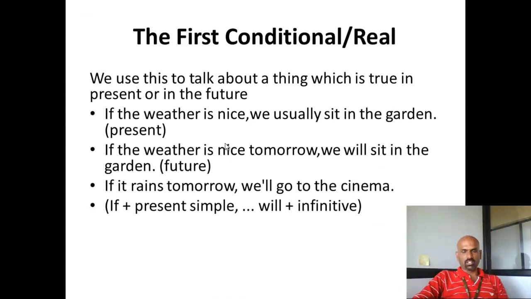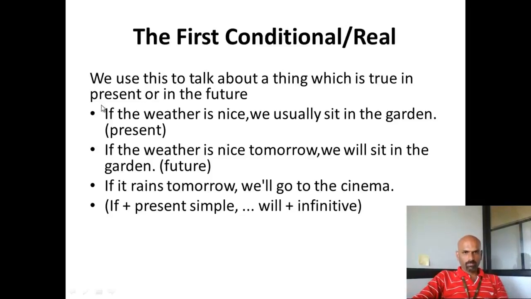The first conditional. The first conditional is called the real condition or a possible condition, or it will happen absolutely. When something is really going to happen, at that time you have to put it in the first conditional. We use this to talk about a thing which is true in the present or in the future. Look at the example. If the weather is nice, we usually sit in the garden.